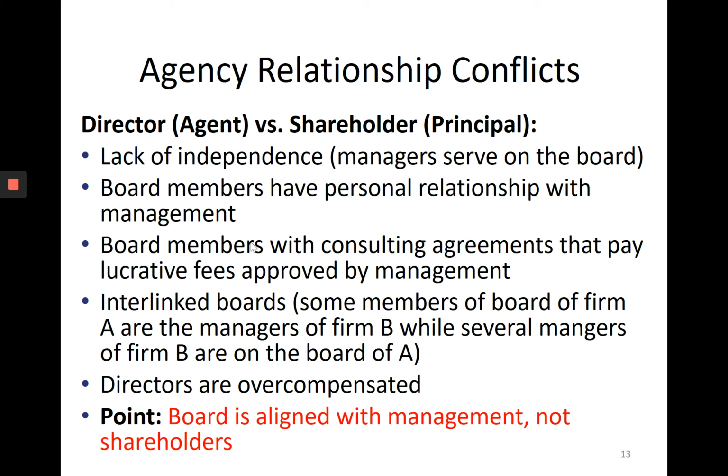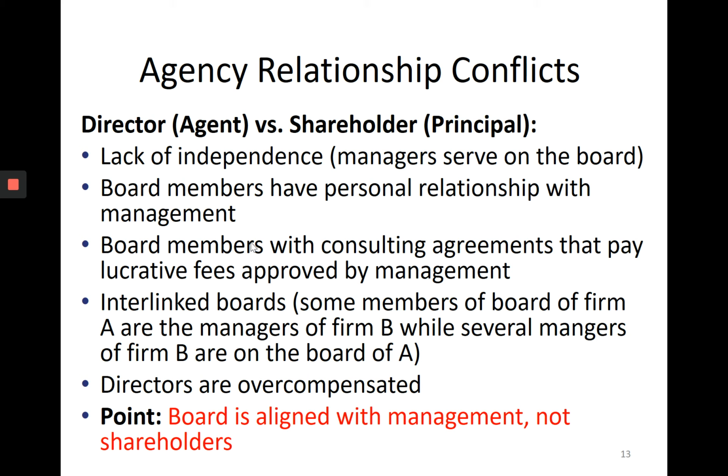And of course, compensation of directors is a problem too. They might be overpaid, and this ties them very much to the manager, because if they don't act in the best interest of the manager, the manager could replace them and they would lose this high paying job that otherwise they can't get given their skill sets.